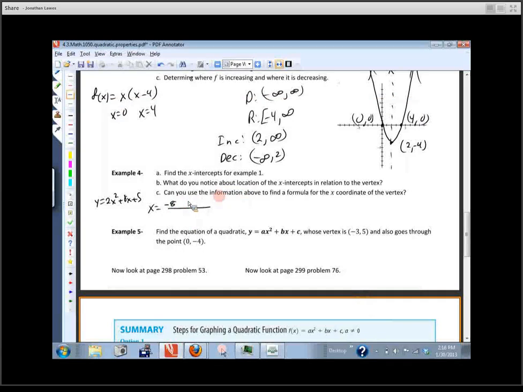Okay, I'll finish this on the board. So let's see. 8 squared minus 4 times a times c. Don't do that in your head. a is 2 and c is 5. And all over 2a.